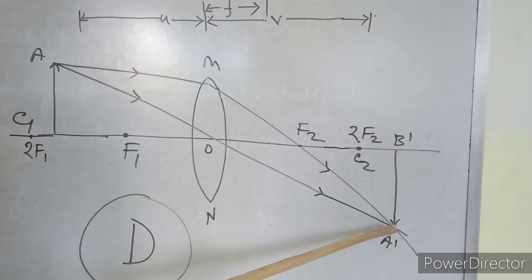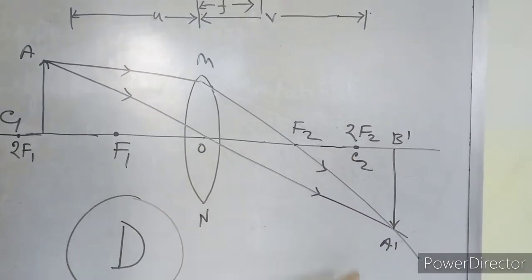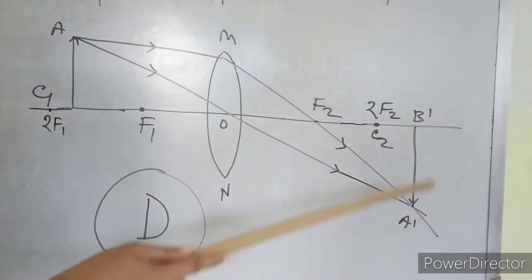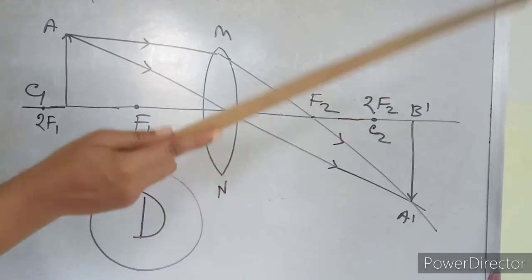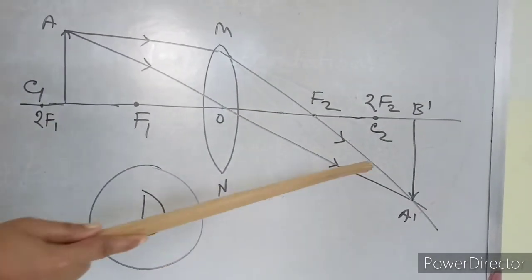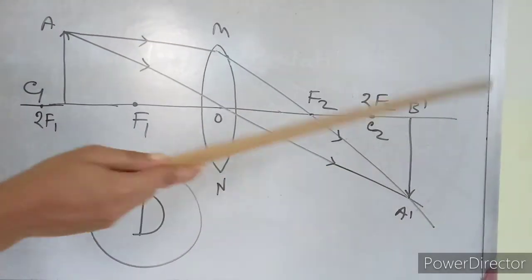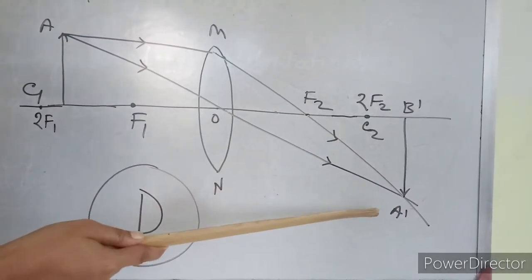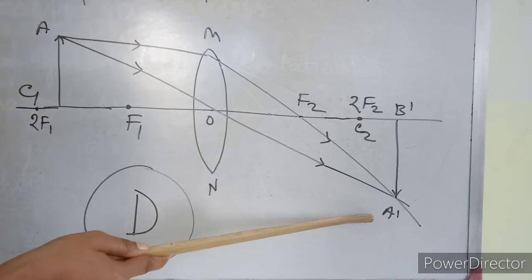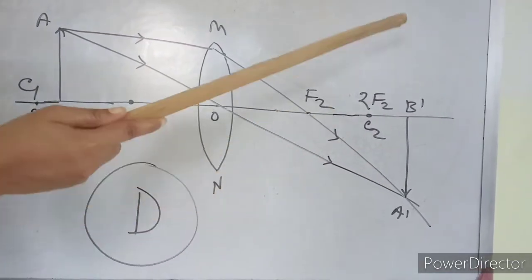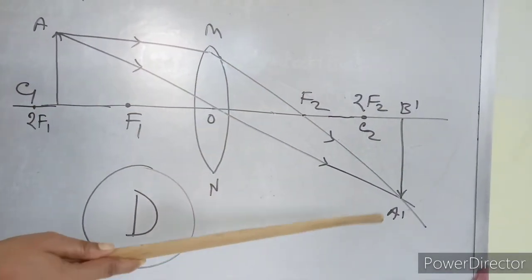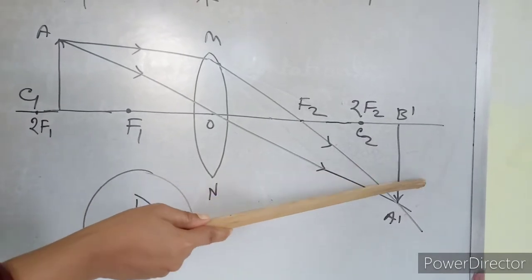So those two rays are meeting at a point and this is my image. A dash, B dash is the image. So where is the position of the image? Position of image is beyond 2F2. Size of the image you can see from the figure that it is increased. So nature of image, it is inverted, real, but the size has been increased.